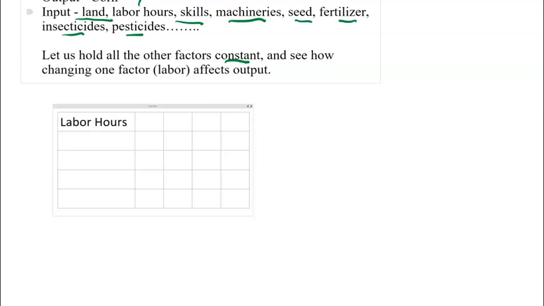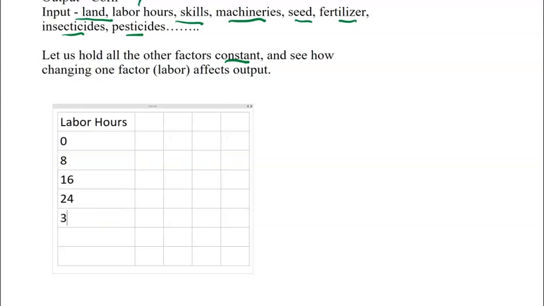Let's say I could put in 0 hours a day, 8 hours a day, or 16 hours a day. The way I put in 16 hours is I hire maybe 2 workers. I could put in 24 hours, 36, 40. These are the labor hours that I'm considering adding to my production.